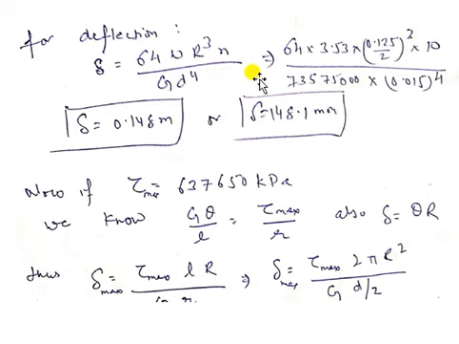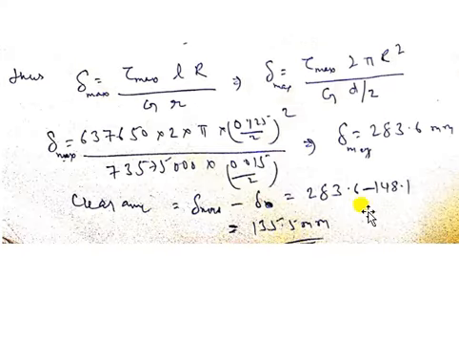So maximum allowable deflection is 148.1 mm, but since the material can bear a maximum deflection of up to 283.6 millimeter, so in the maximum deflection condition also there will be a clearance of about 135.5 millimeter. How I am calculating? It is the difference between the maximum deflection and the maximum allowable deflection. Okay, so that will be the clearance of this spring.